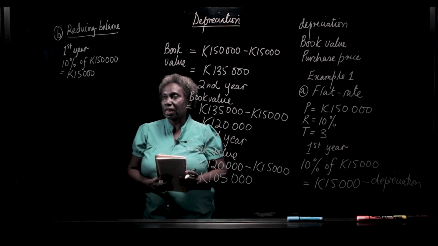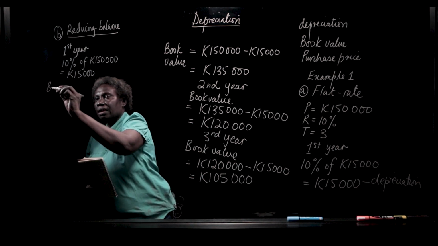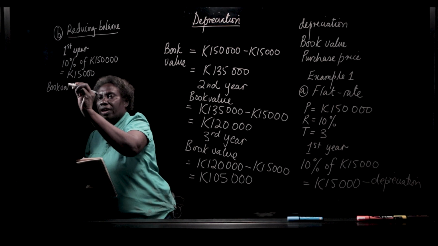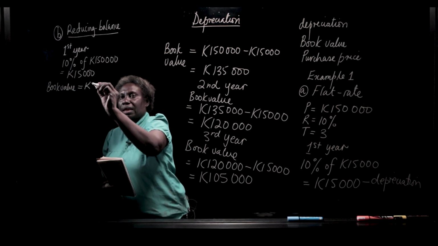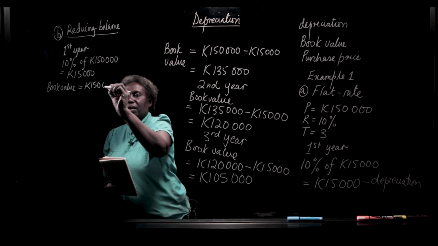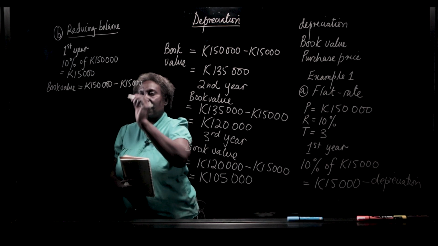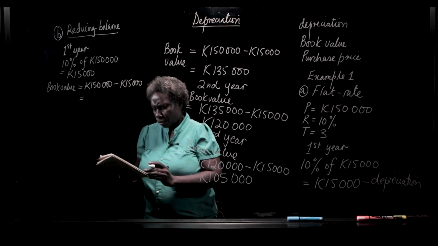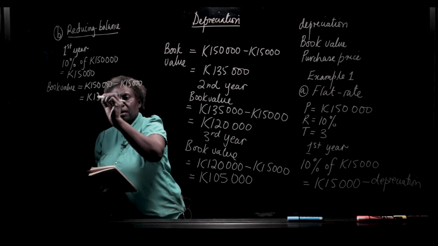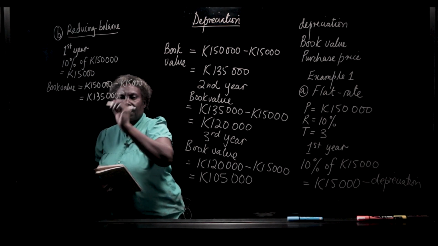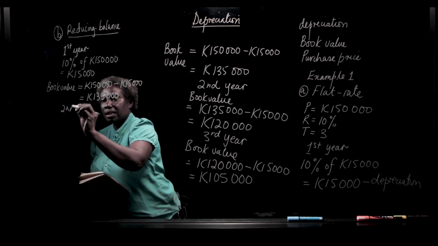So the depreciation is 15,000 kina. The book value after the first year will be 150,000 minus 15,000, which is equal to 135,000 kina.